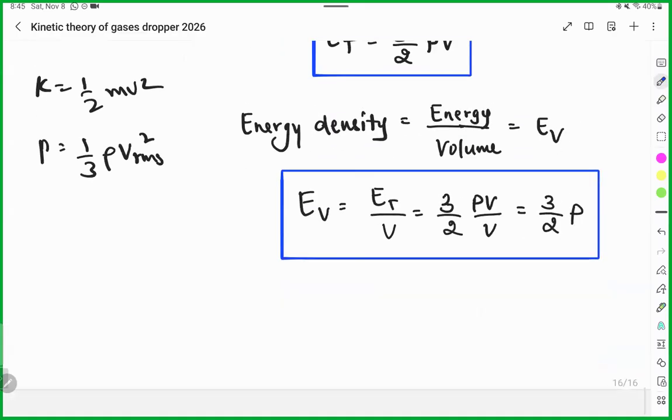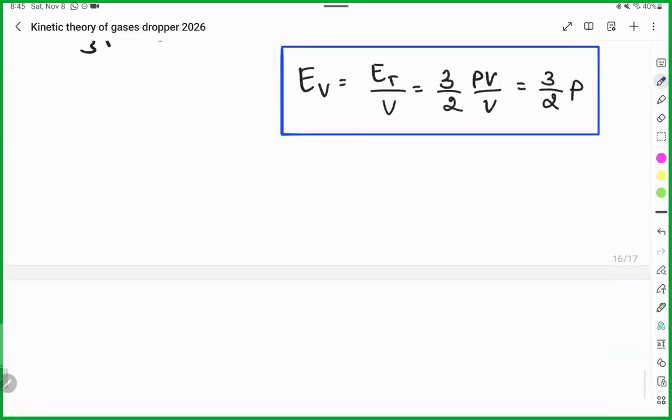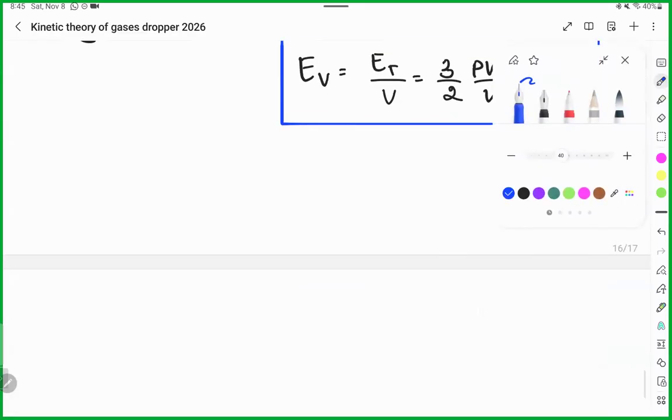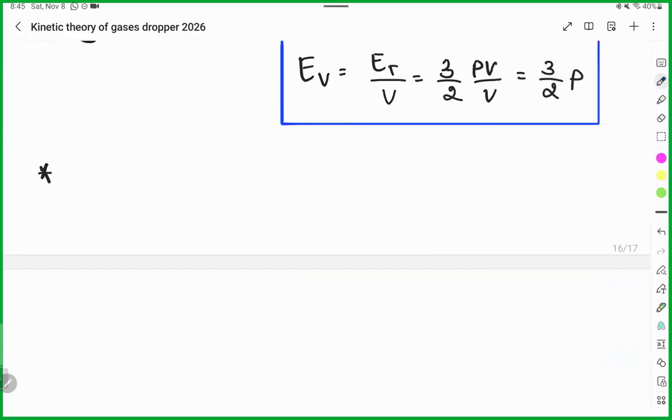Now, sometimes they can ask in a different form. You know, ideal gas PV is equal to nRT. n is the number of moles, so it is given mass by molar mass, M by MW, RT. Correct.